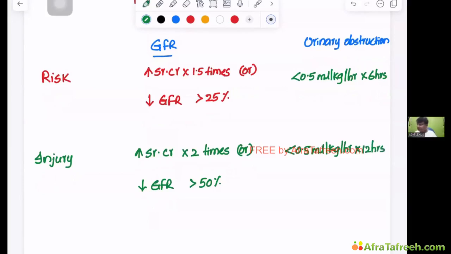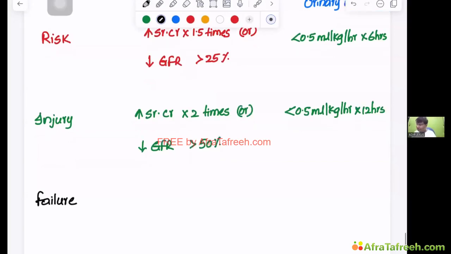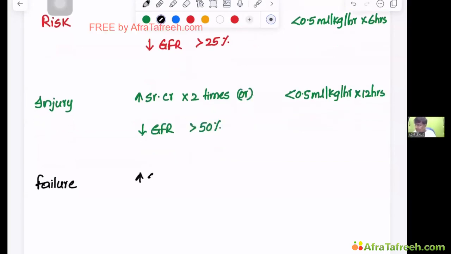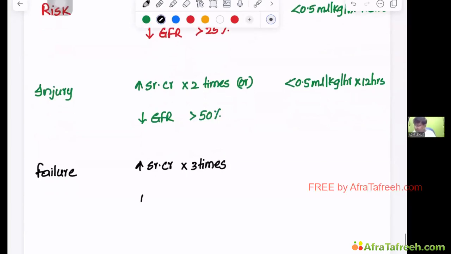That is injury. Then followed by that, we use the terminology called failure. When do we use this term failure? There should be an increase in serum creatinine. How many times? Almost 3 times. And at the same time, GFR also should be reduced.